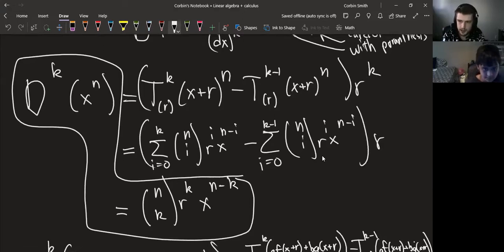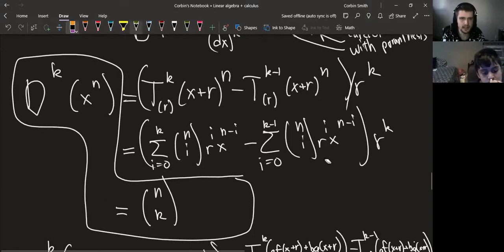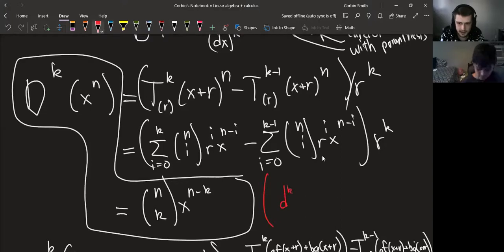Divide by r to the k. So then there's no r to the k in this thing because we're dividing by it in the derivative. That would be the differential if it had the r in it, right? So I'll write this here in red. We have that dk of x to the n is equal to n choose k times x to the n minus k times r to the k.